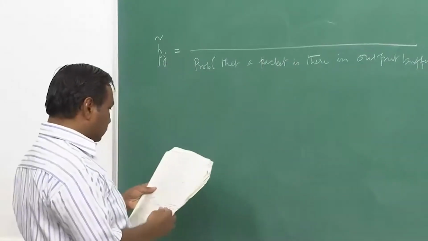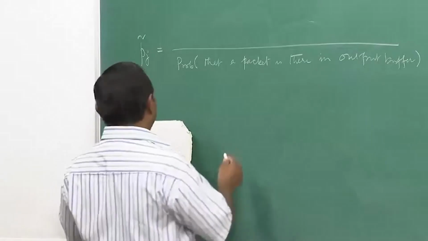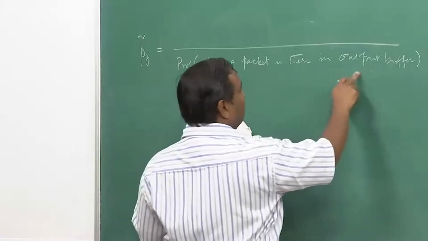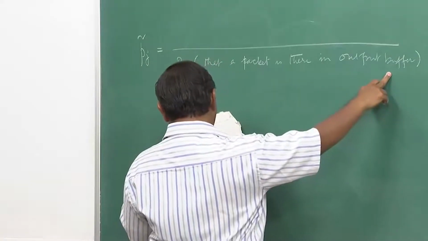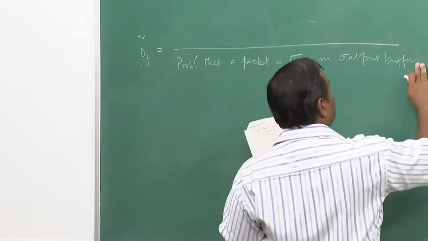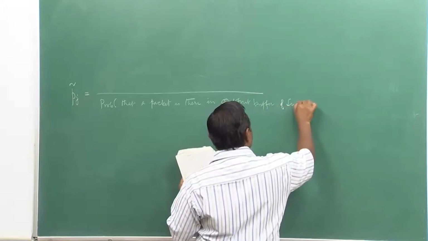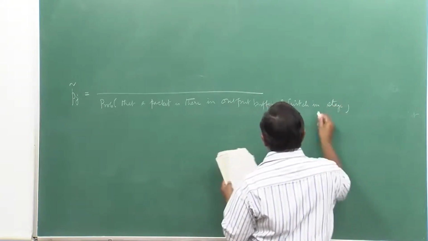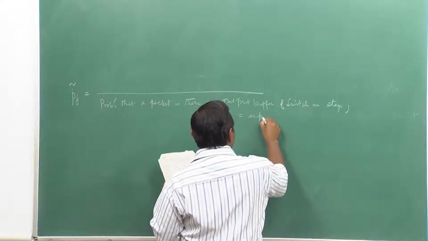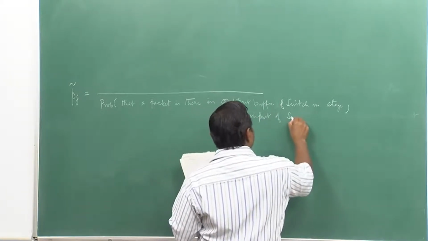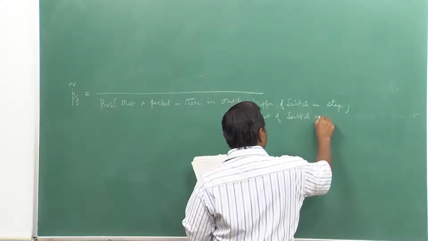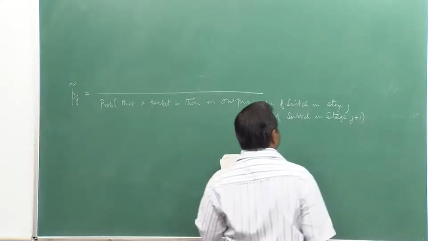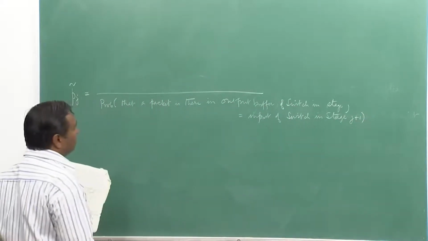And then of course, this should be after step 1, that a packet is there in the output buffer of switch in stage j. This equivalently implies the input buffer of switch in stage j plus 1. Okay. So, these two are equivalent actually.